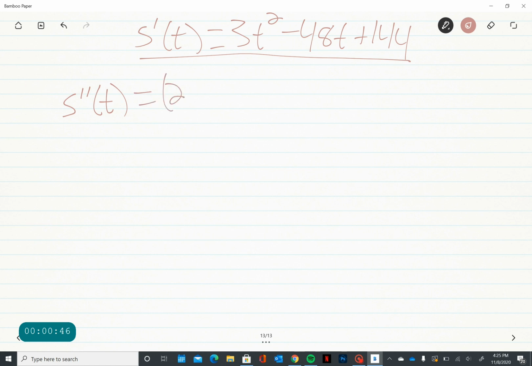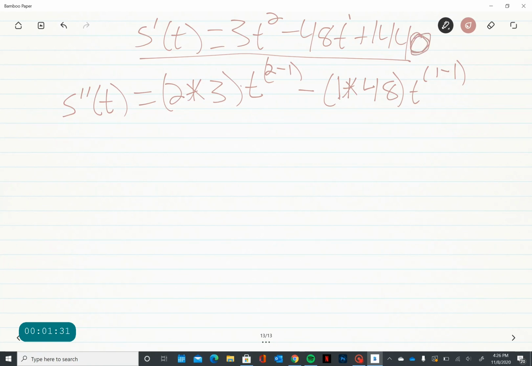equals, bring the 2 down to the front, multiply it by the 3, times t to the 2 minus 1. Minus, bring the 1 down, 1 times 48, t to the 1 minus 1, and 144 just gets dropped off because there is no variable here.